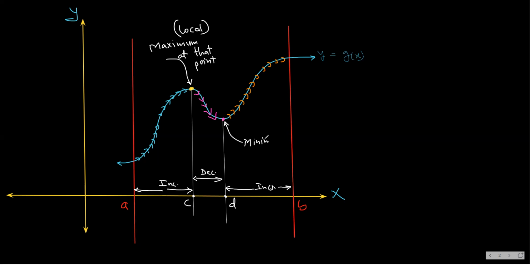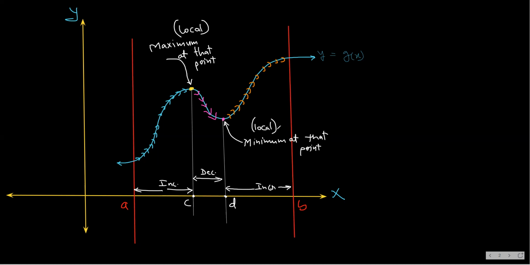So the function has a maximum at this point and a minimum at this point. Again, this is not an absolute minimum, it is a local minimum.